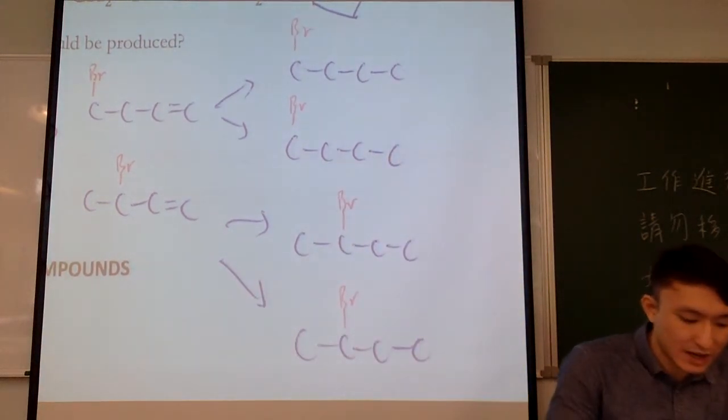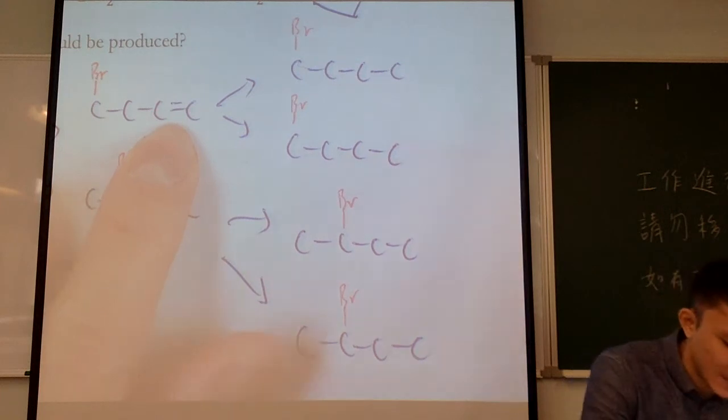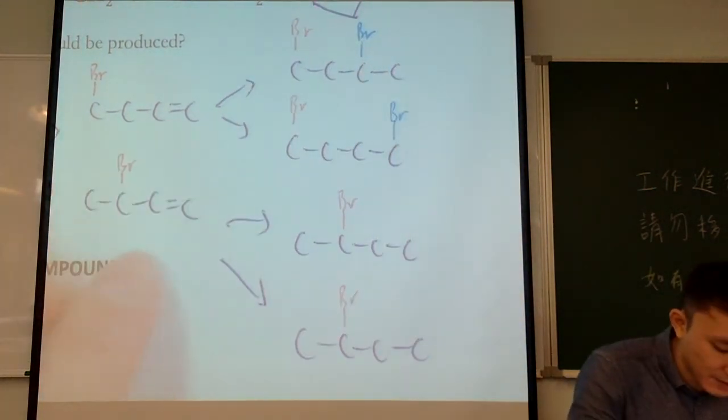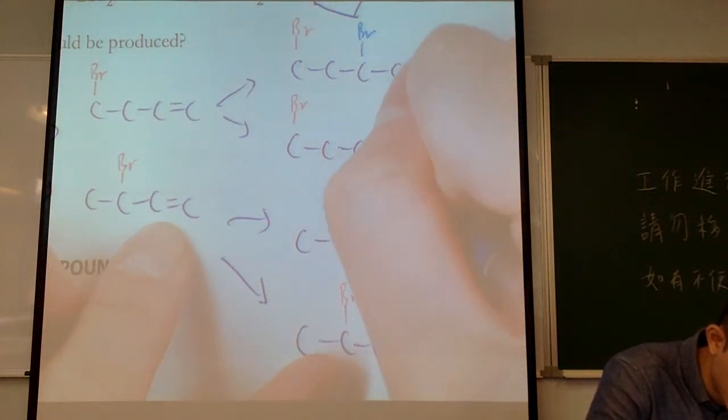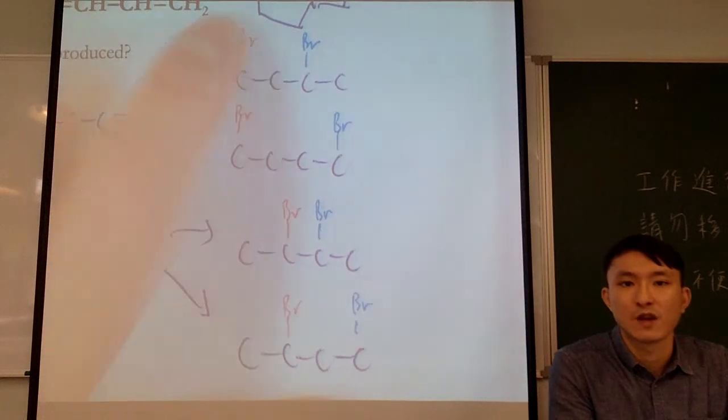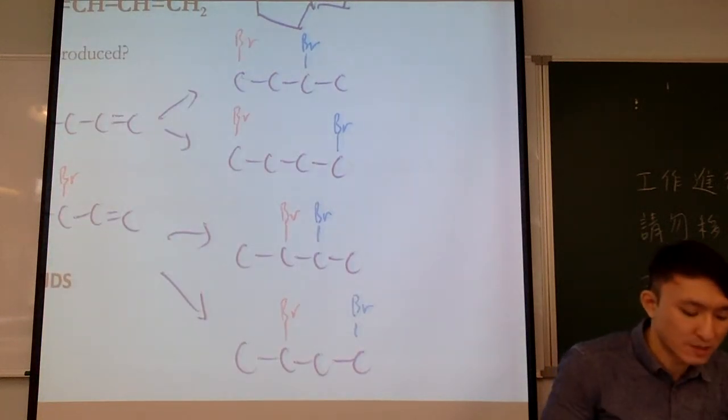When you add the HBr to this double bond, it could either be here or here. Similarly for here, it could be this position or this position. So altogether we have 4 outcomes, 4 possibilities.